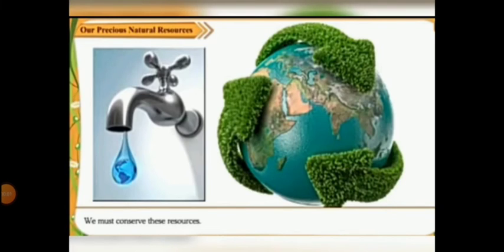While brushing, shaving, washing, or bathing, do not leave the water running. Check for water leaks in pipes and toilets and repair them as soon as possible. Do you know, a small pinhole-sized leak wastes 640 liters of water per month. To improve irrigation efficiency and reduce evaporation, use drip and sprinkling irrigation.